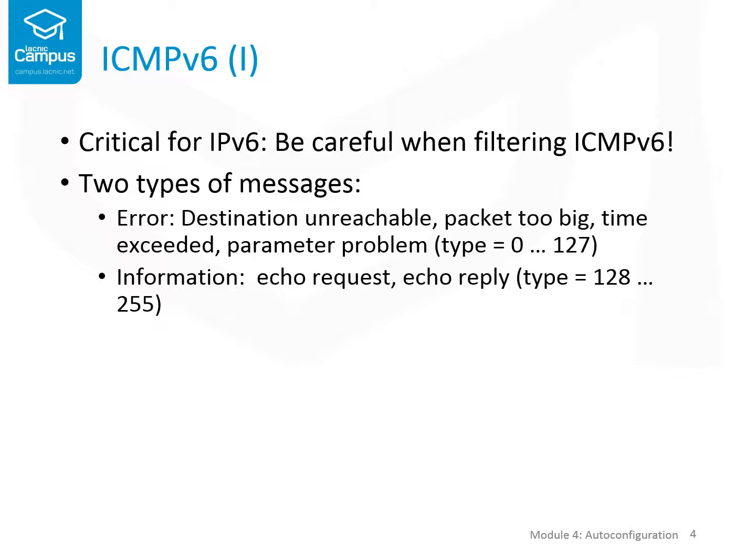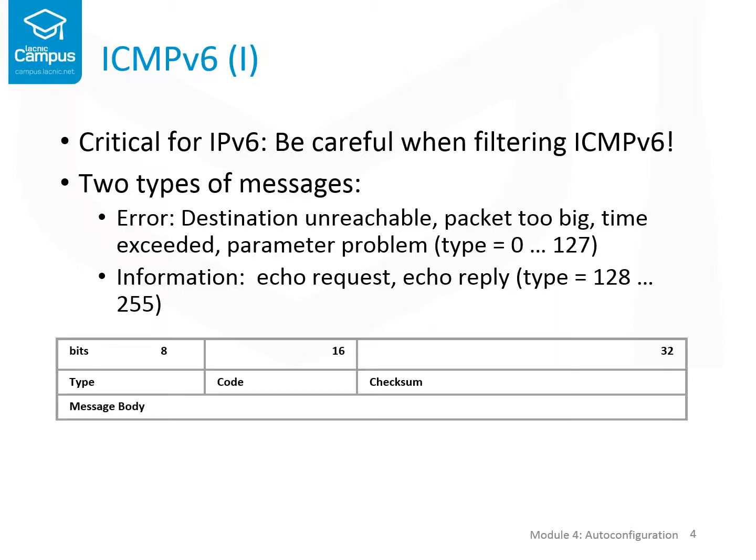ICMP-v6 messages can be classified into two categories: error messages with type values ranging from 0 to 127, and information messages such as echo request and echo reply, which are used for diagnostic purposes. An ICMP-v6 packet consists of a type field and a code field, each of which uses 8 bits.